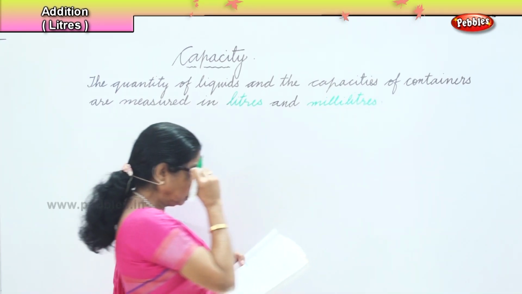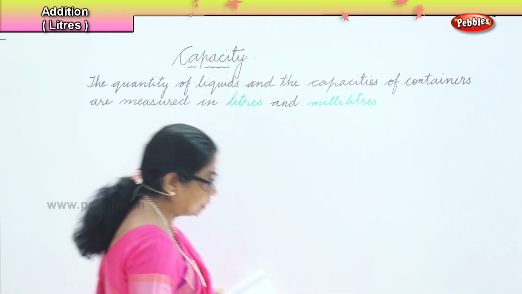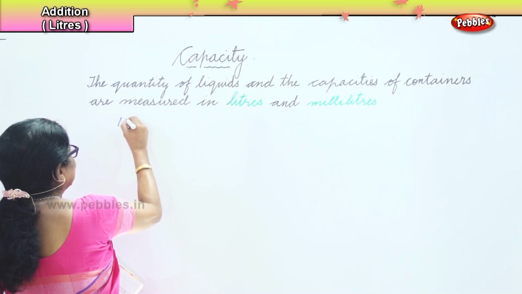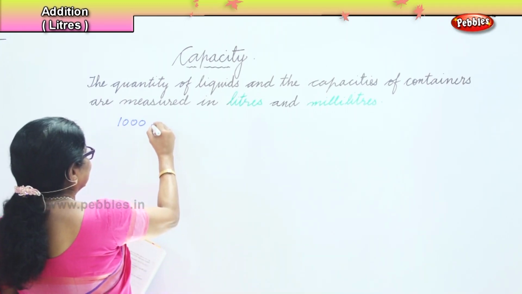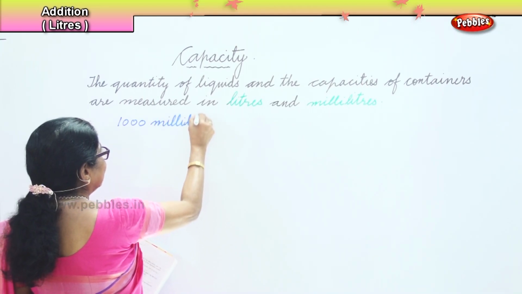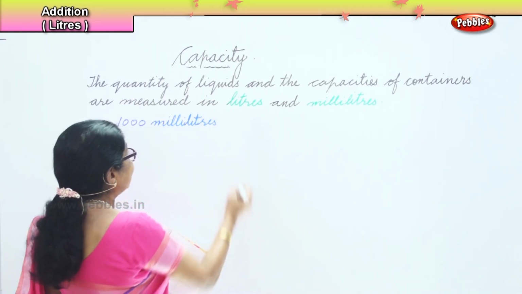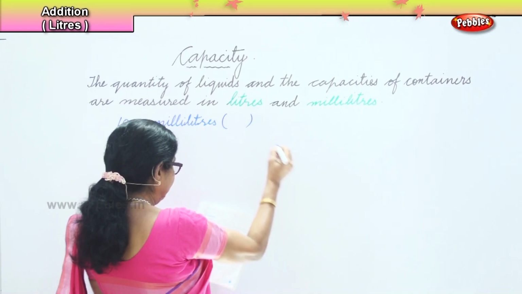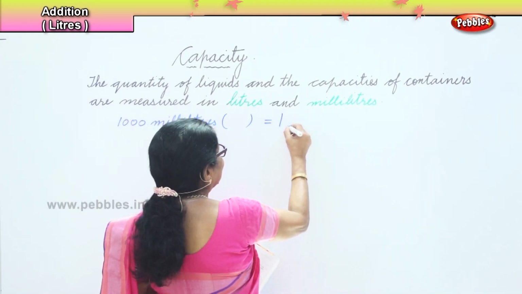Now, we need to remember 1000. This we must remember, 1000 milliliters. Milliliters, the short form of milliliter, ml, is equal to 1 liter.